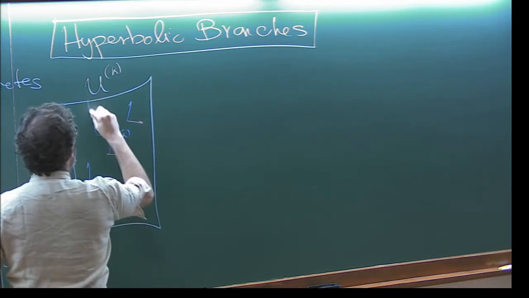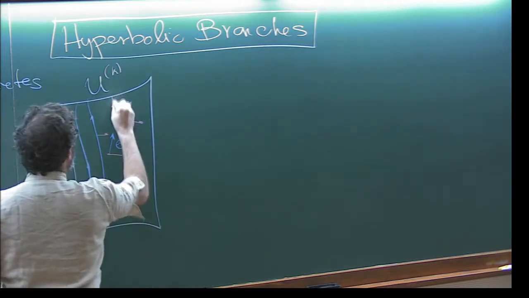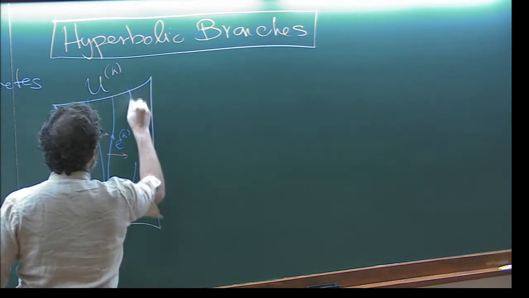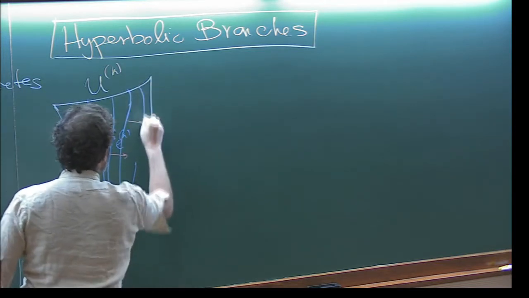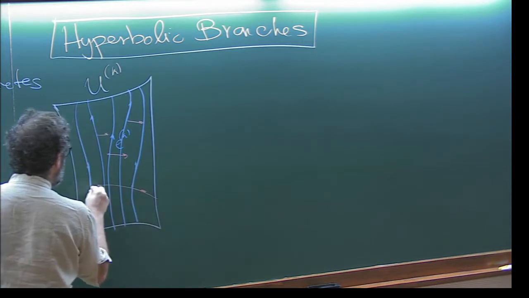So you have a foliation which is tangent to this direction, and another orthogonal foliation.